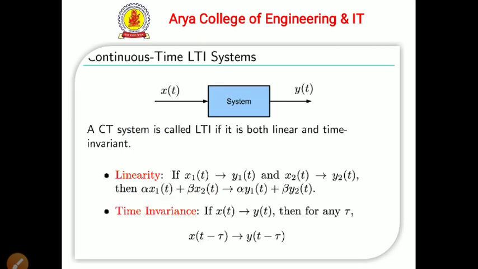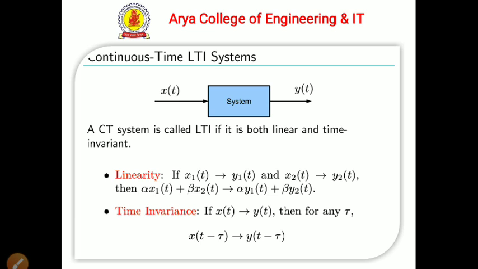Now we have two different types of systems in the syllabus, that is LTI system and LTV system. We have continuous time LTI system, meaning with respect to time it will be continuous, and LTI stands for linear time invariant system.